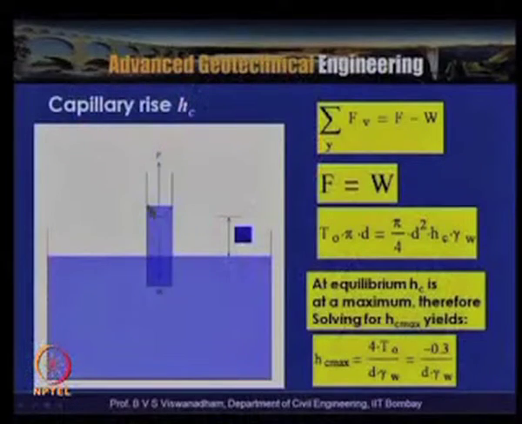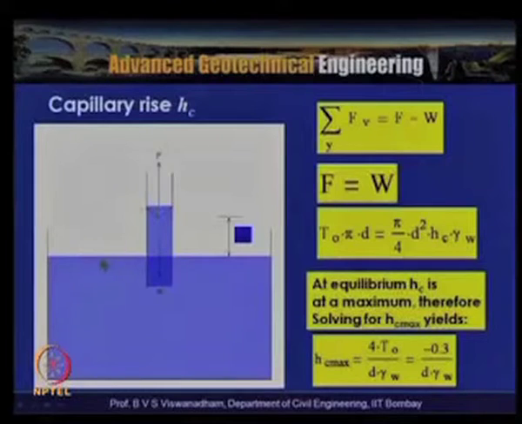In principle, we know that the capillarity phenomenon is not a flow situation. If you consider this as the datum, the pressure here is 0 and the elevation here is 0, so the total head is 0 here.